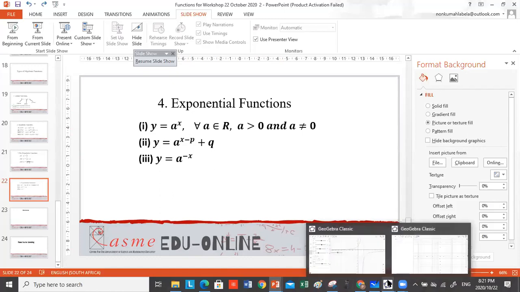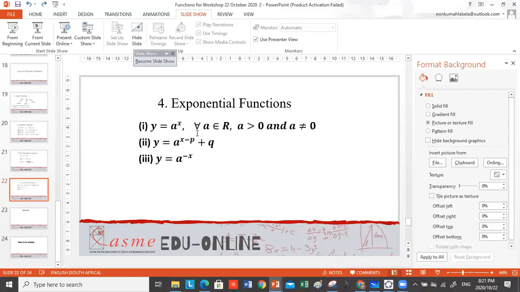With the exponential function, we said y is equal to a to the exponent x, for all values of x, elements of real numbers, and a should be greater than 0, and a should not be equal to 1. We'll check what is happening when a is equal to 1.